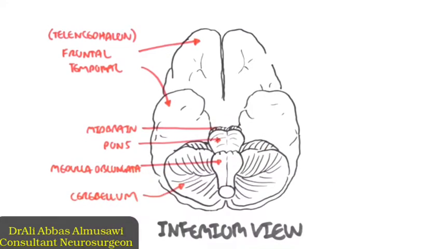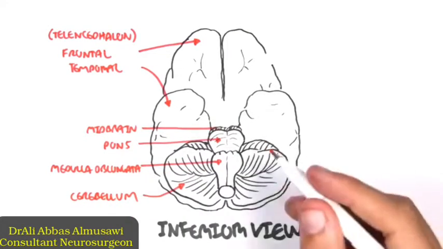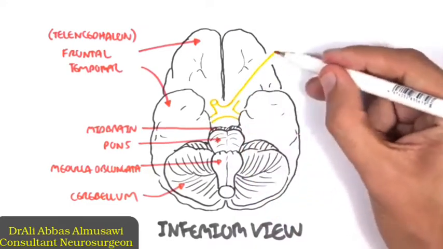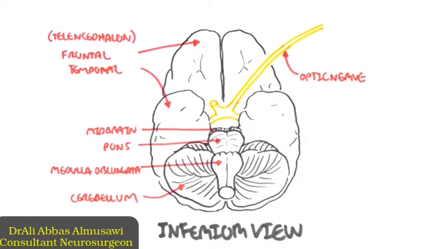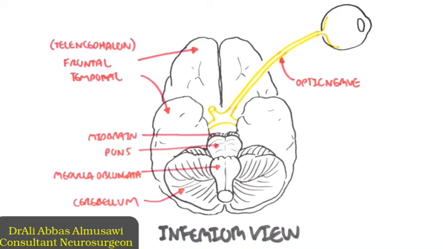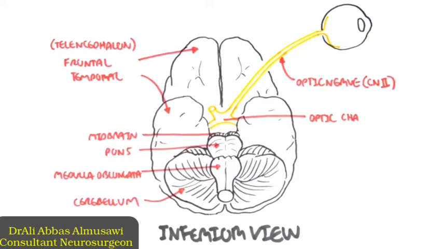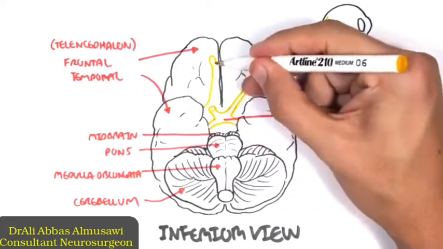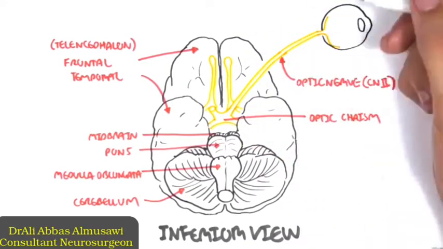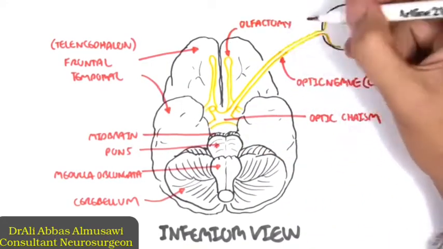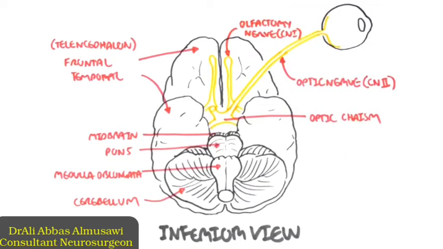Some other important structures which can be seen from here are your optic nerves, which is cranial nerve number 2. And this sort of branches off the optic chiasm. And under these structures, you can find the long olfactory nerve, which is your cranial nerve number 1, which is your smelling nerve. It is a sensory nerve.